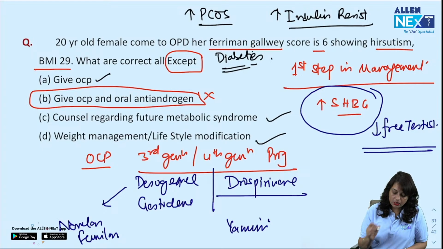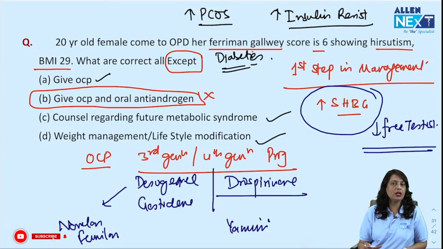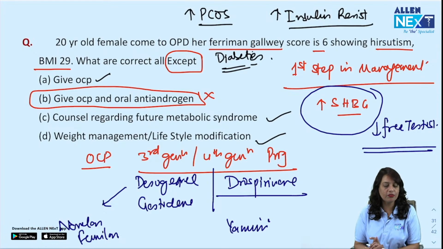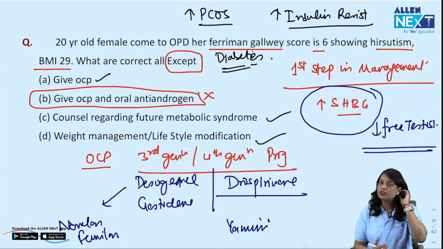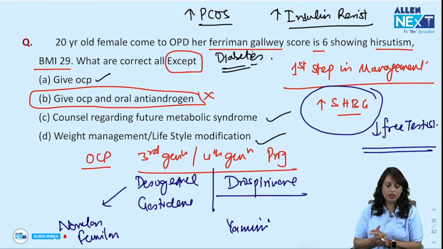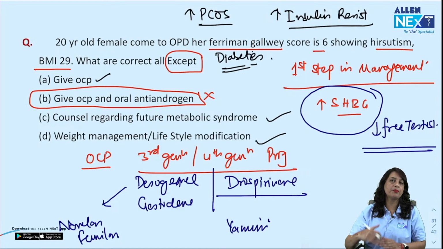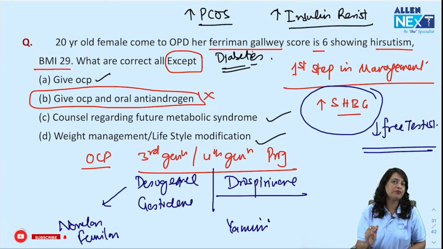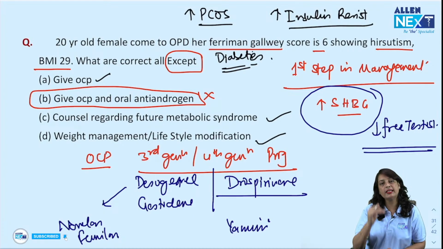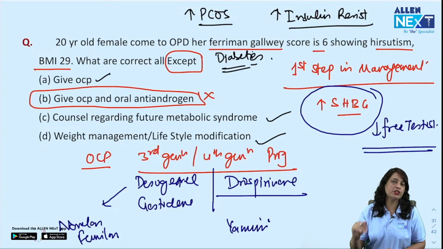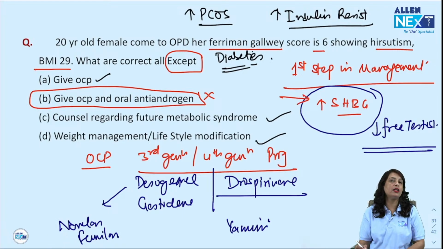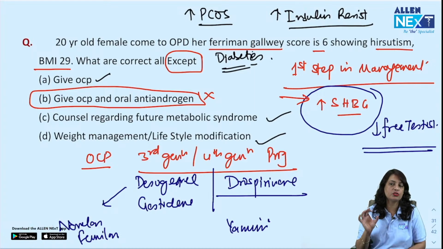So the first line management in a PCOS patient presenting with hirsutism and a Ferriman-Gallwey score is, first step, lifestyle modification or weight reduction, and the second step is drugs.